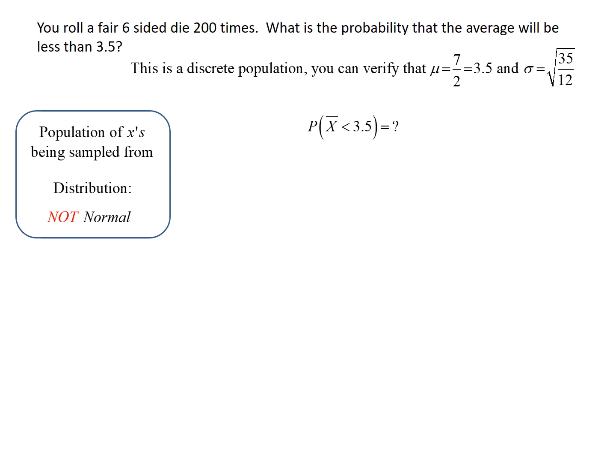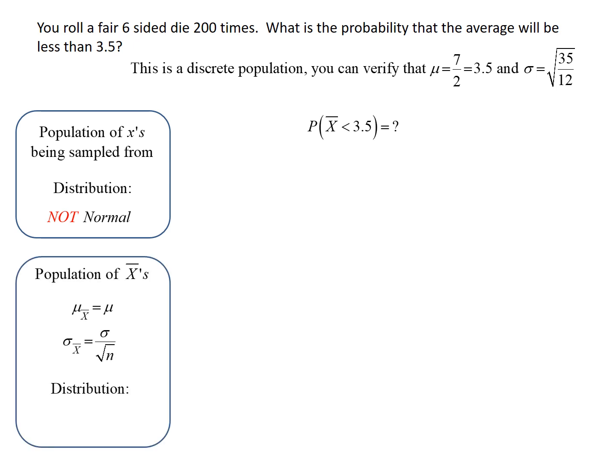So what about the distribution of x bar? We know the mean and standard deviation of x bar because they're related to the mean and standard deviation we just talked about from the original population and the square root of 200, the sample size. But the population we're sampling from is not normal, so x bar is not normal.